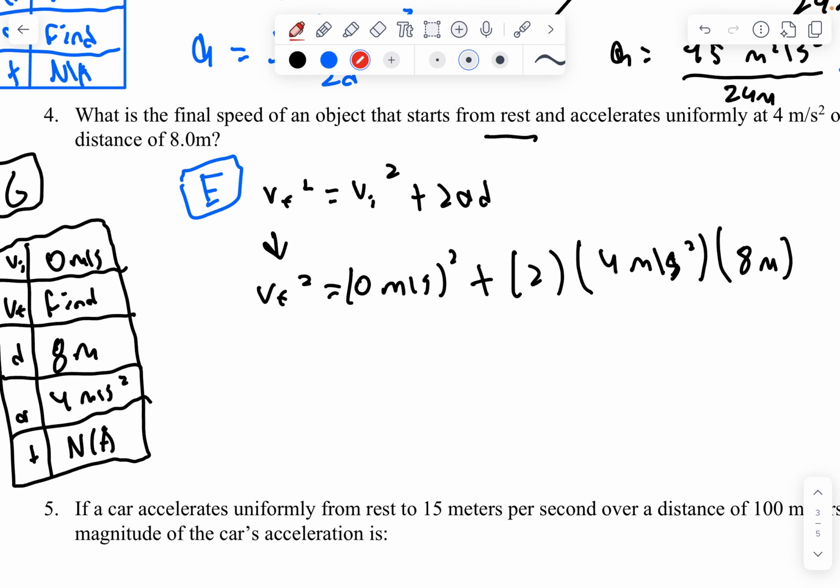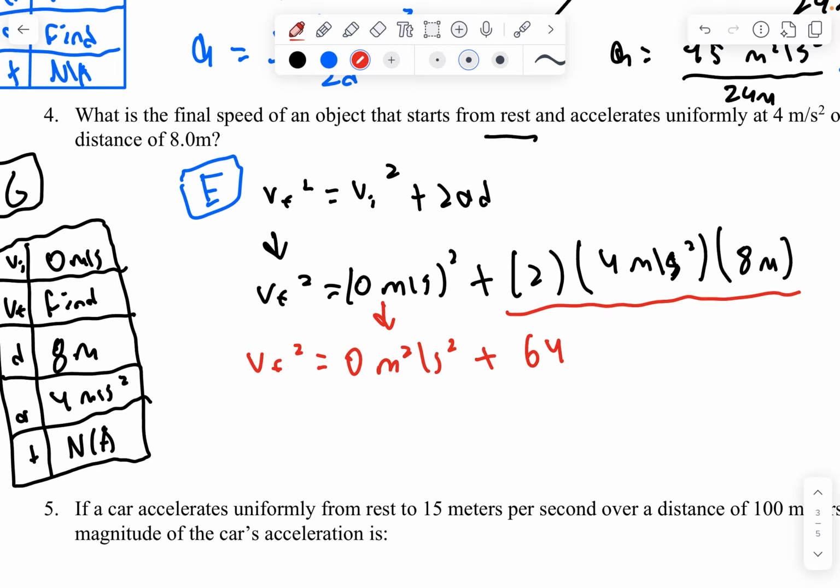Let's bring that down. 0 meters per second squared, well, this becomes 0 meters squared per second squared. Plus, what's 2 times 4 times 8? We're doing this part here. 2 times 4 times 8 is 8 times 8, 64.